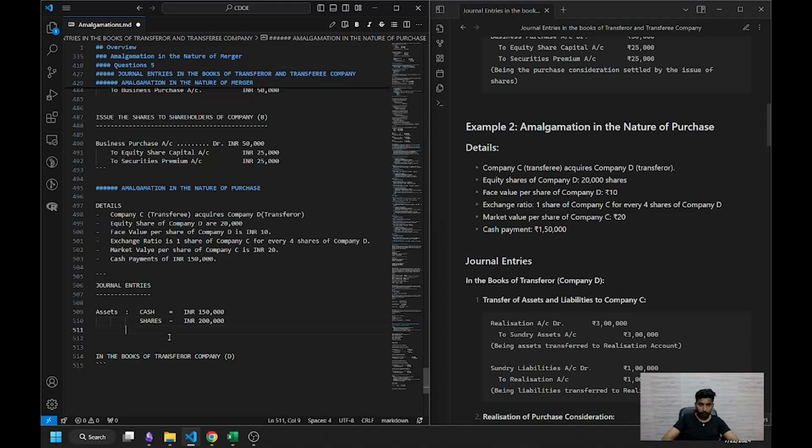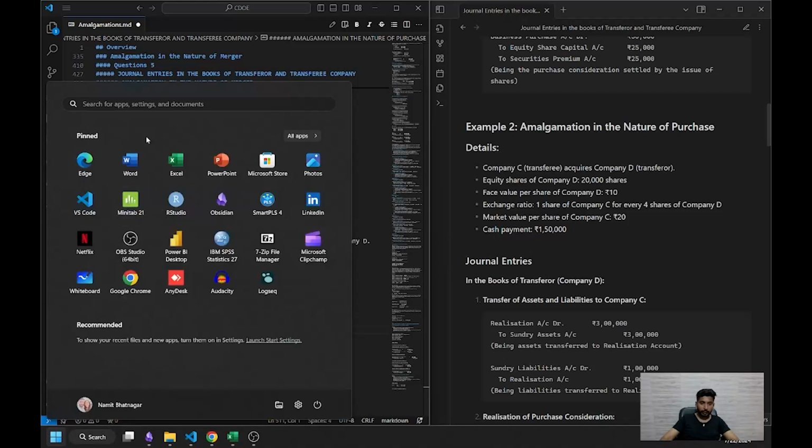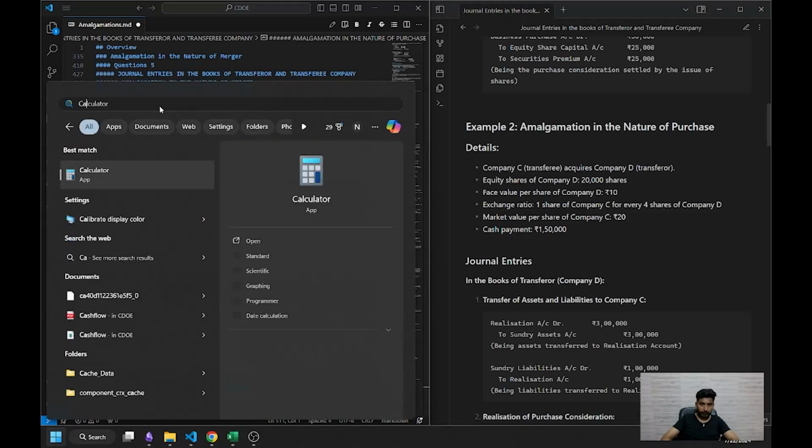But the company haven't paid all the money for, see, in the question it is written that one share of company C for every 4 shares of company D. That means for every 4 shares, they are going to issue how much amount? They are going to issue 1 share. That means if we use the calculator in here, just give me a sec.